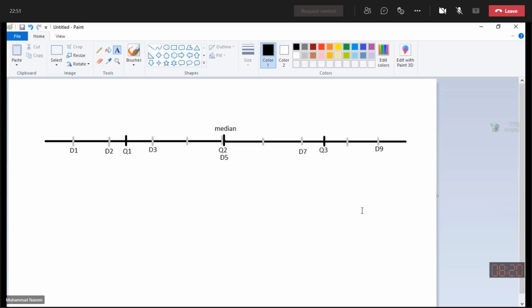So when we need to cut our data into 100 equal parts, we will cut it at 99 places. Each one is a 100th part.